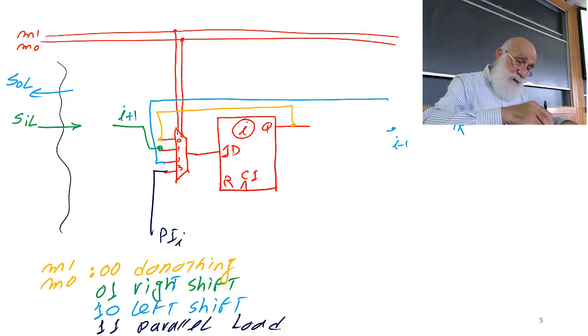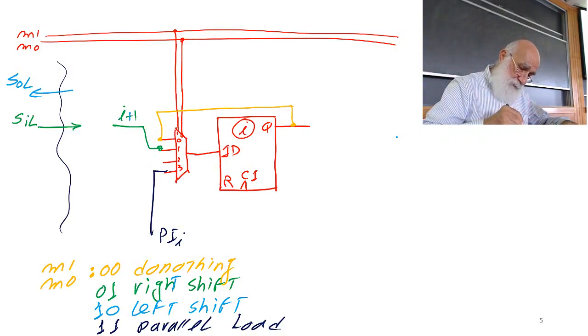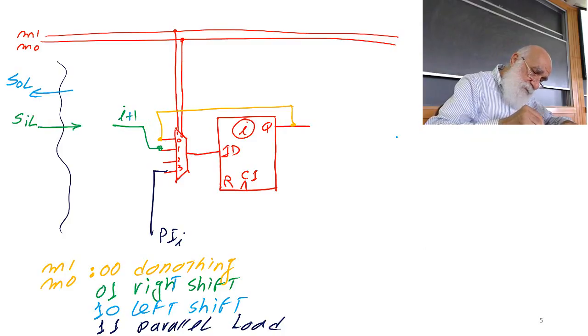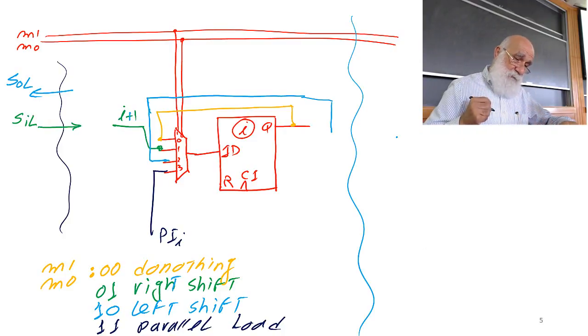So let me clean this up a little. So this is actually coming from the output of I minus 1.